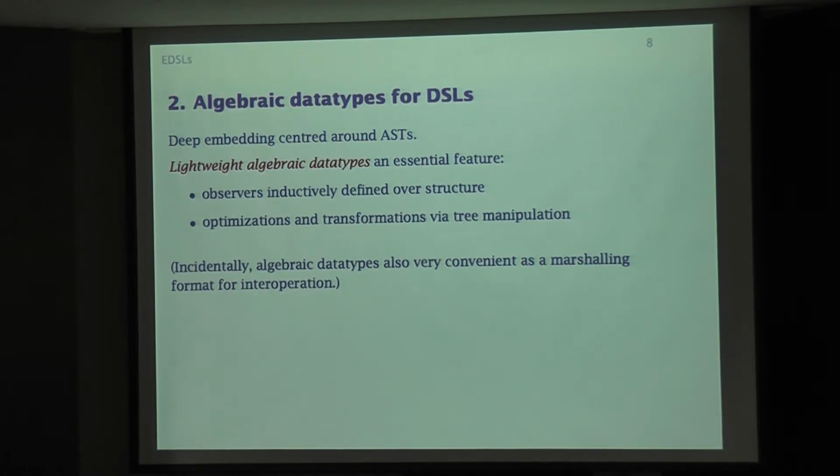So much for introduction. So algebraic data types: when you write a program, you build up some structure, and then when you interpret that program, when you work out the semantics, what the program means, what it's supposed to do, it's defined by consuming this abstract syntax tree that you build up. So you build up an abstract syntax tree, and then you consume it. So the observers, these interpretations, are typically defined inductively over this tree structure.